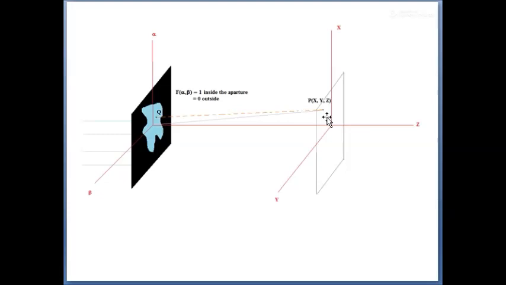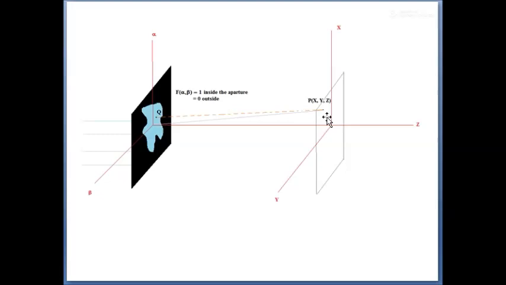And in the practical situation, when we are considering the effect of diffraction, the modulus of x minus alpha will be much less than the modulus of z, and the modulus of y minus beta will be much less than the modulus of z. So automatically the value of those two becomes very less than z.